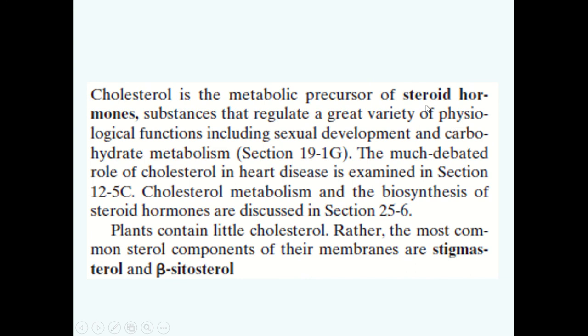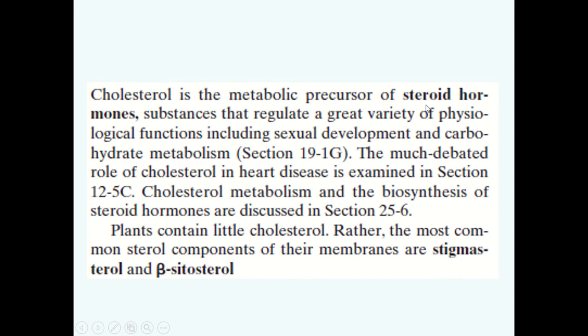There is a variety of different types of steroid hormones which are produced by different parts of the body. These include the hormones which regulate carbohydrate metabolism as well as the sex hormones. Plants also have a little amount of cholesterol in their membranes, but cholesterol is not a predominant sterol found in plants.